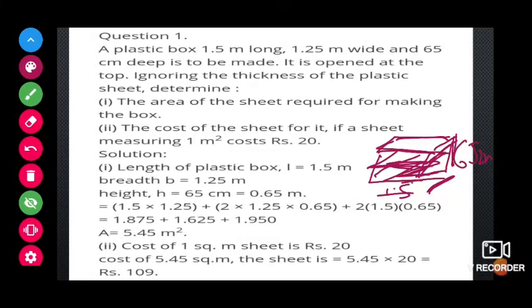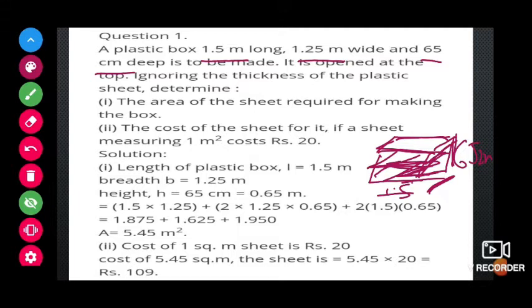Whenever they give this type of sums, children, first check the units, whatever they have given. All the units should be in the same measure. Either all should be in meters or all in centimeters. If one is in meters and another is in centimeters, you have to convert either meters into centimeters or centimeters into meters.